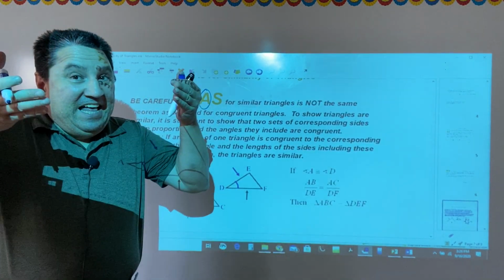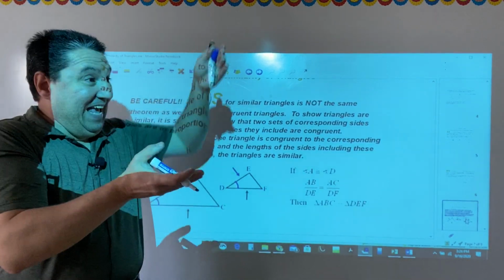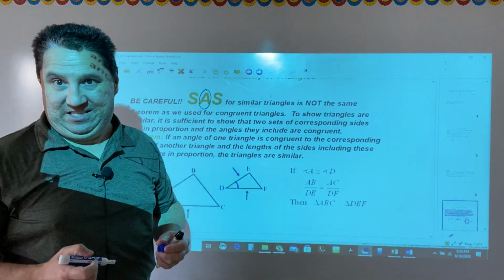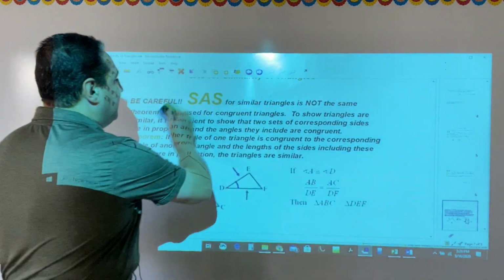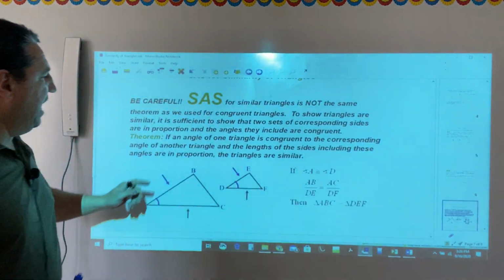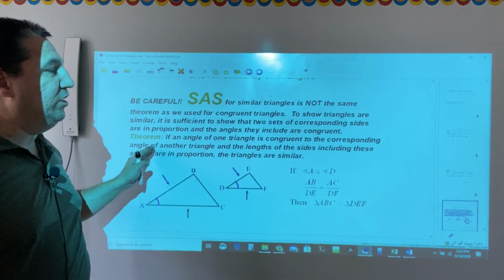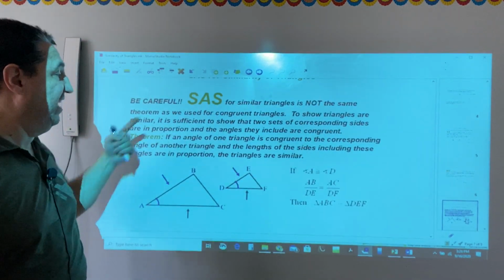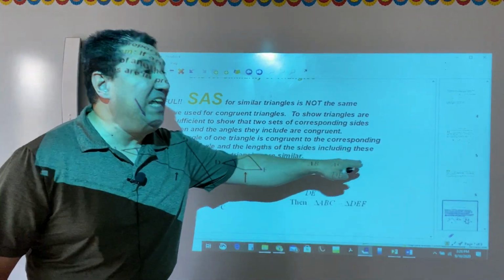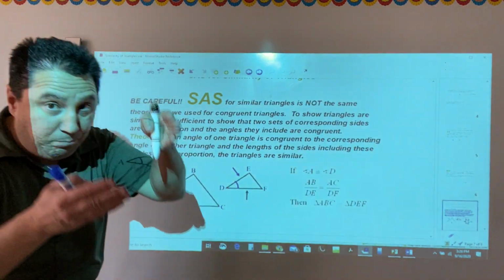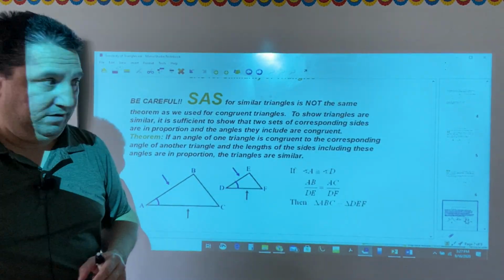In other words, the angle we are looking for is included by sides of the triangles. So what does this case state? If an angle of one triangle is congruent to the corresponding angle of another triangle, and the lengths of the sides including these angles are in proportion, then the triangles are similar.